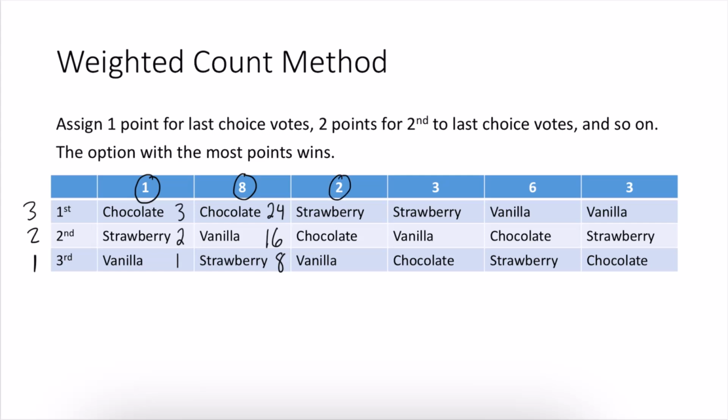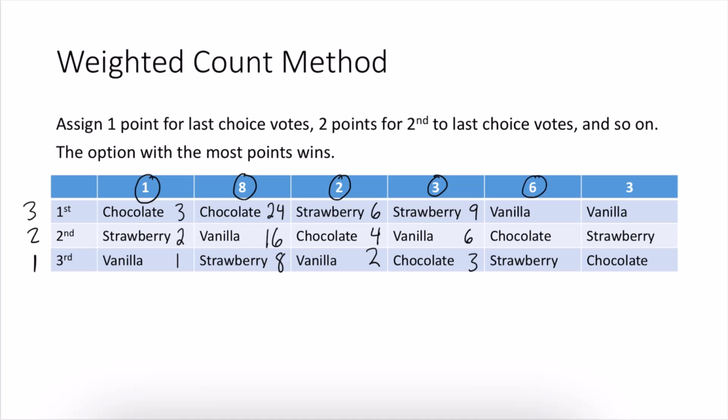So the 2 people who voted in the third column give 6 points to strawberry, 4 points to chocolate, and 2 points to vanilla. Then these 3 people contribute 9 points to strawberry, 6 points to vanilla, and 3 points to chocolate.